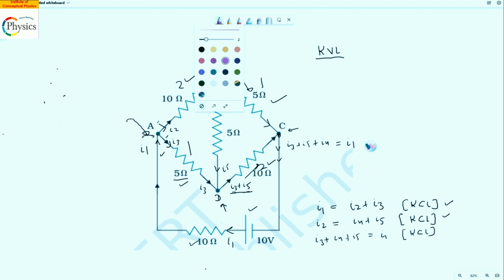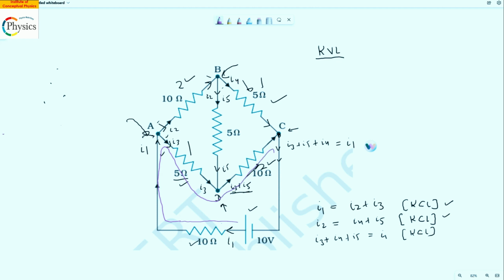This is the loop I would like to use because it includes the battery. My rule of thumb is that while applying Kirchhoff's voltage law, always have one loop which has the battery.